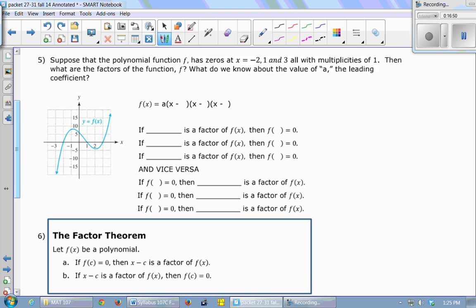All right, so suppose a polynomial function f has zeros at -2, 1, and 3. They all have multiplicity 1. What are the factors of the function? If x equals -2 is a 0, what has to have been a factor?